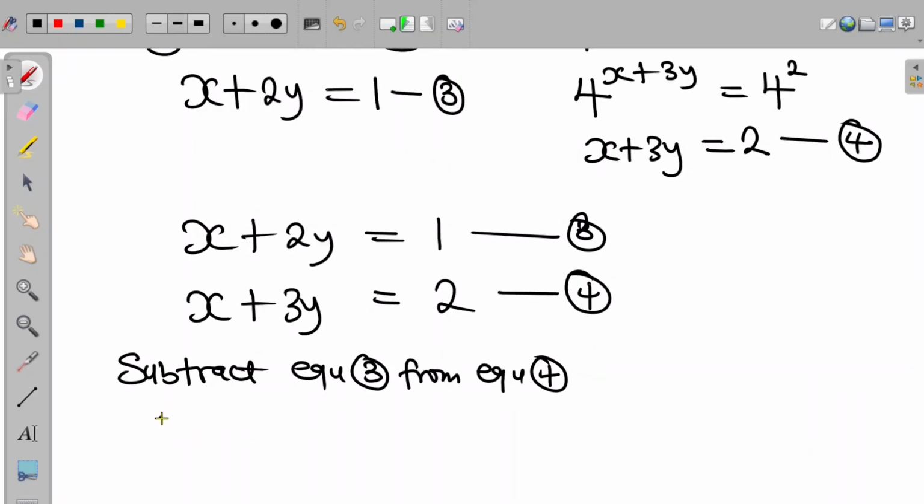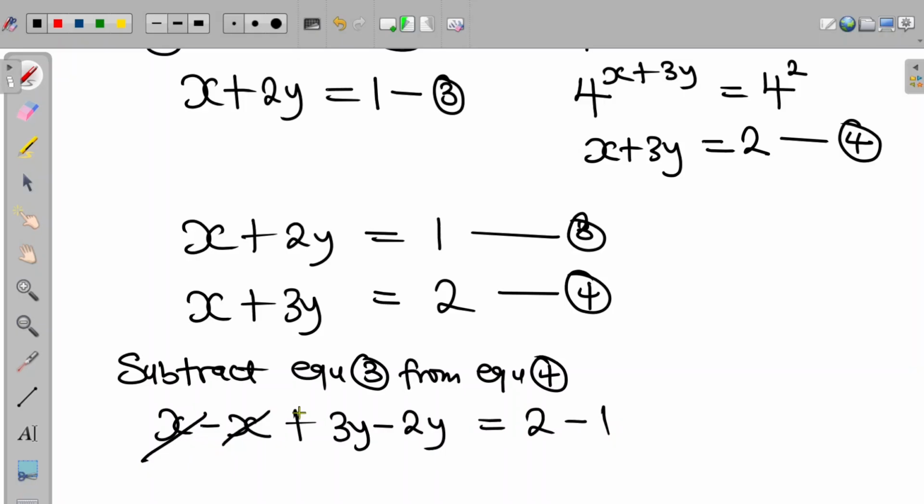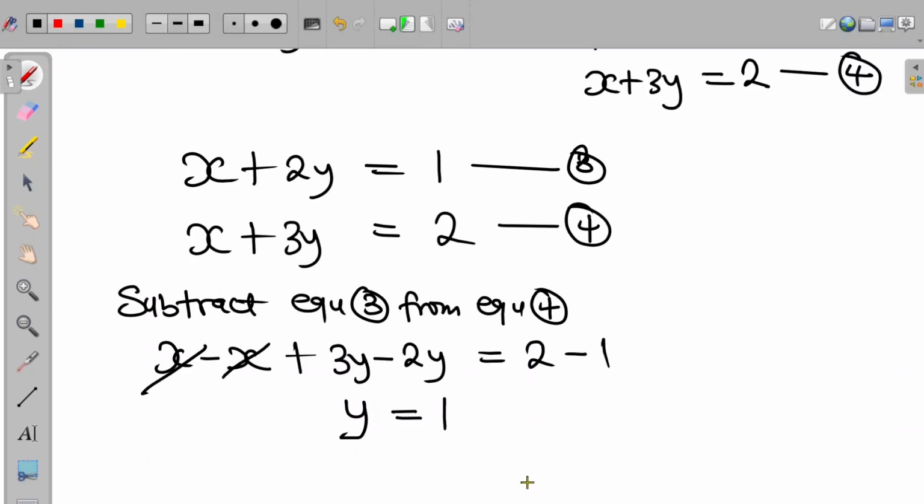So this becomes x minus x plus 3y minus 2y equal to 2 minus 1. So x minus x is 0. 3y minus 2y is y, equal to 2 minus 1, which is 1. So therefore y is equal to 1.